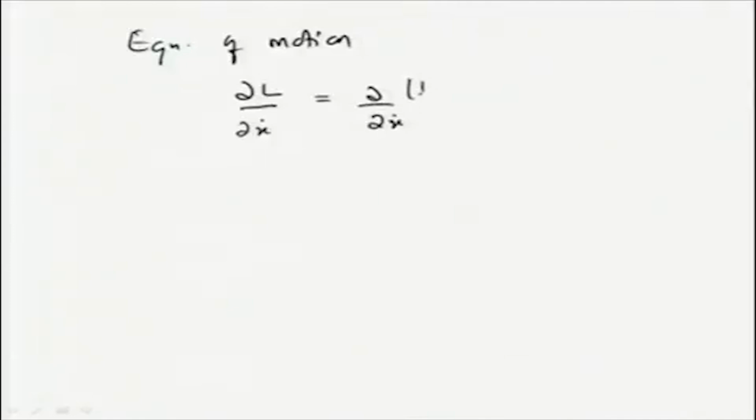Now, without deriving, we will describe what the equation of motion is. In this case, you take the derivative of the Lagrangian with respect to x dot, that is the derivative with respect to x dot of half m x dot square, which is equal to m x dot.